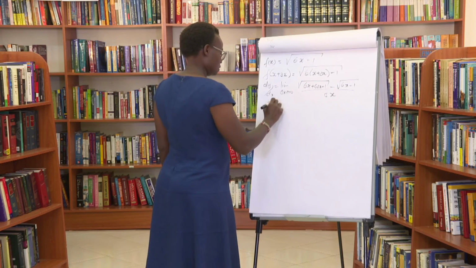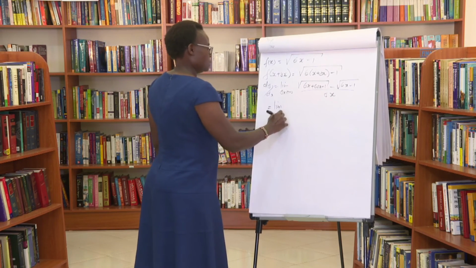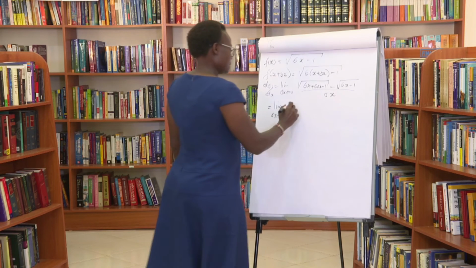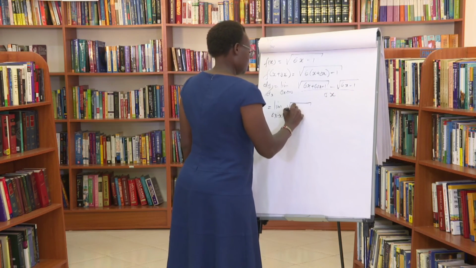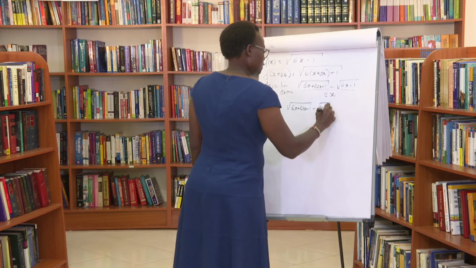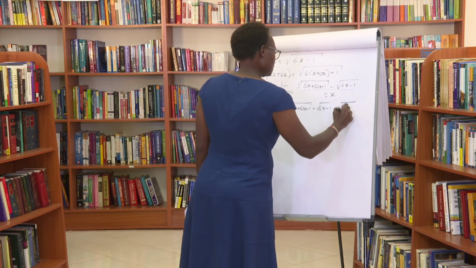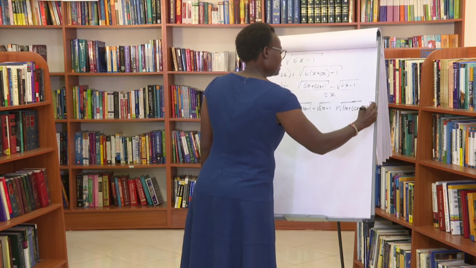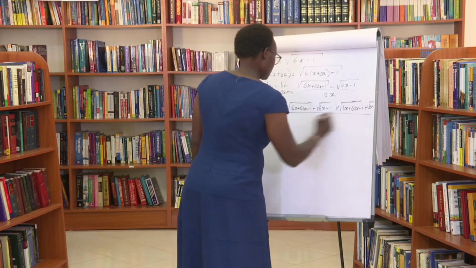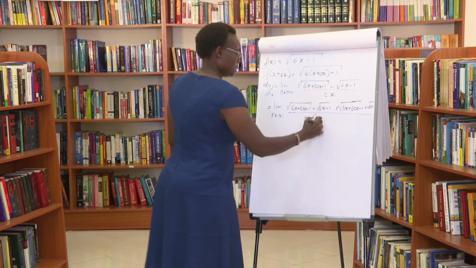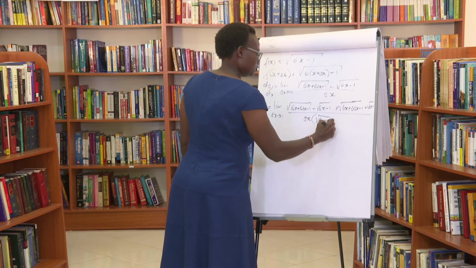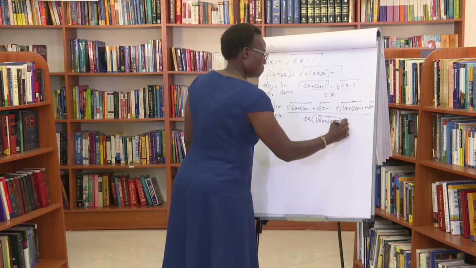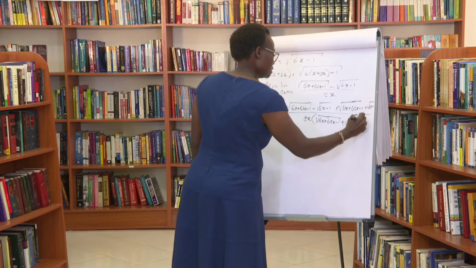So as we rationalize here, we'll multiply. So we have root of 6x plus 6 change in x minus 1 minus root of 6x minus 1, we multiply by root of 6x plus 6 change in x minus 1 plus root of 6x minus 1 over change in x. Then we also multiply the denominator by that, so that would give us root of 6x plus 6 change in x minus 1 plus root of 6x minus 1.